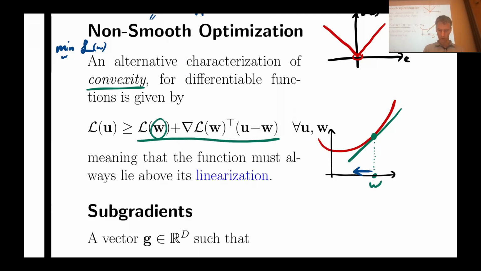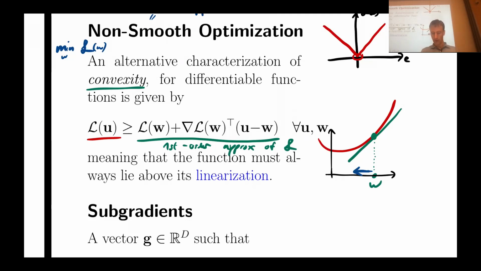We are at W, and we take the gradient here to do our linear approximation, the first order approximation of my function, that's my green model. And if my true function, the red one, is always above it, then that means the function is convex. So this is just an alternative way to say, well, what is convex?